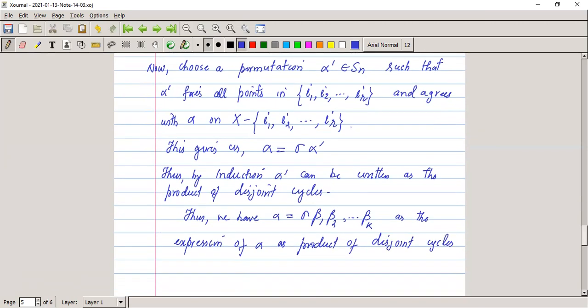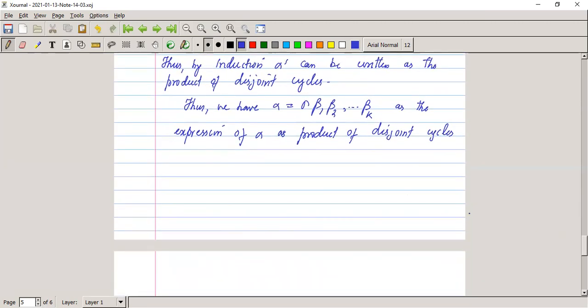So this proves the result that every permutation in Sn is either a cycle or it can be expressed as a product of disjoint cycles.